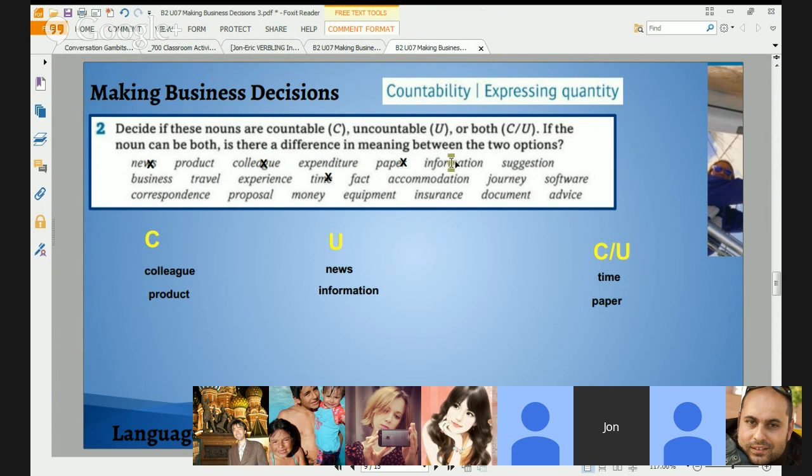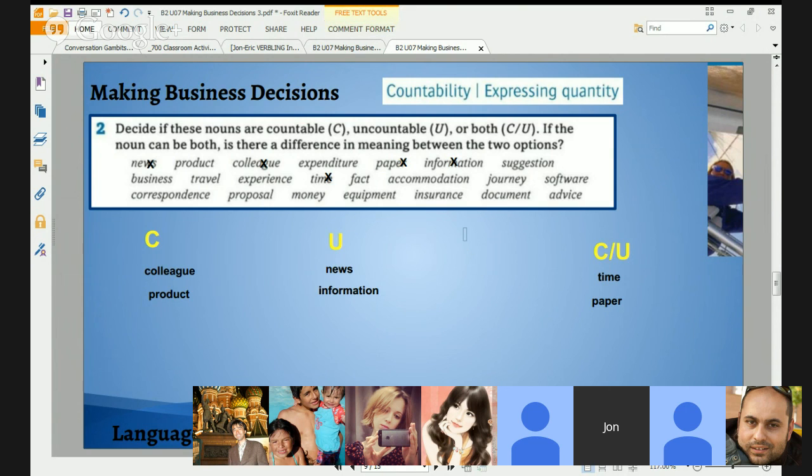I chose this word by chance because in my mind we can say, give me just one information, so it's countable. Yep. In all Latin languages, you have that problem because in English it just doesn't translate. You can't have one information in English.